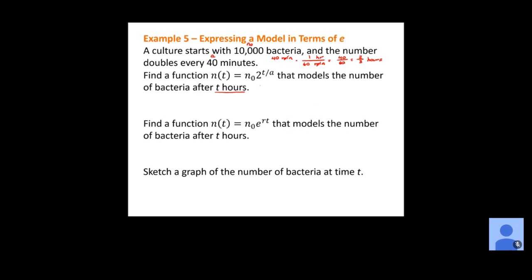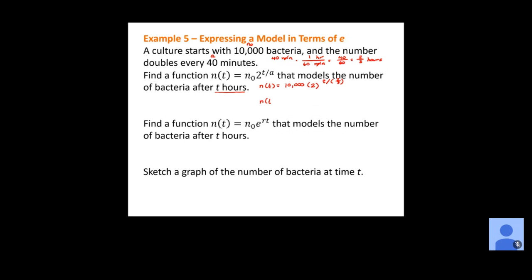So when I set this one up, I have n of t equals our initial population of 10,000 times 2 to the t divided by 2/3. Now remember, when we divide by a fraction, we're really just multiplying by its reciprocal.